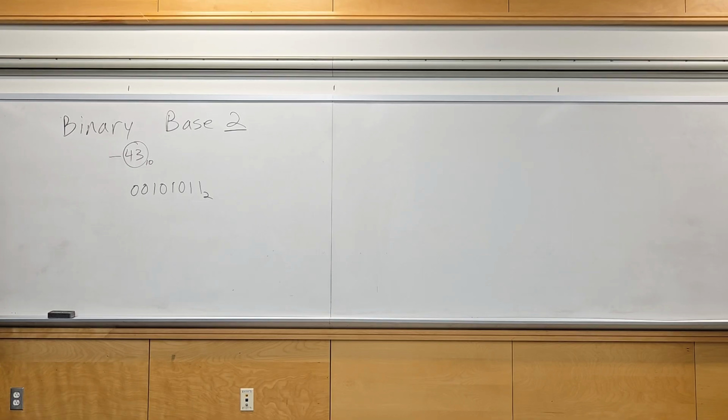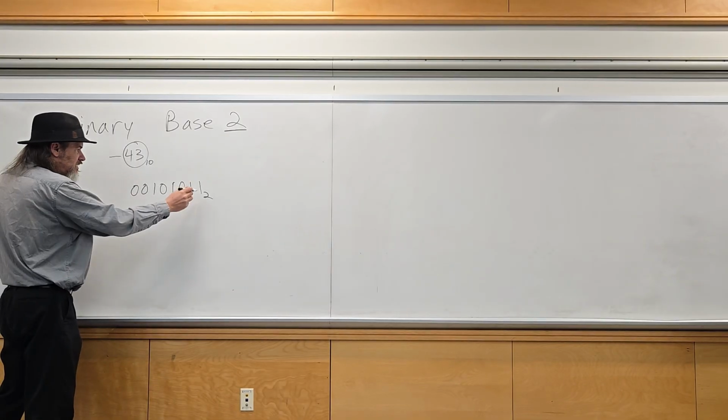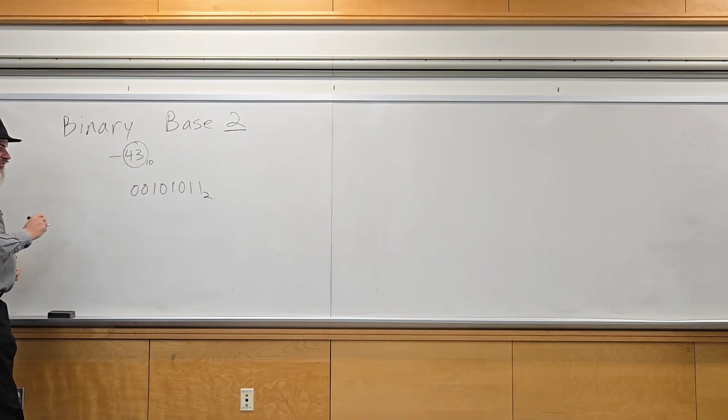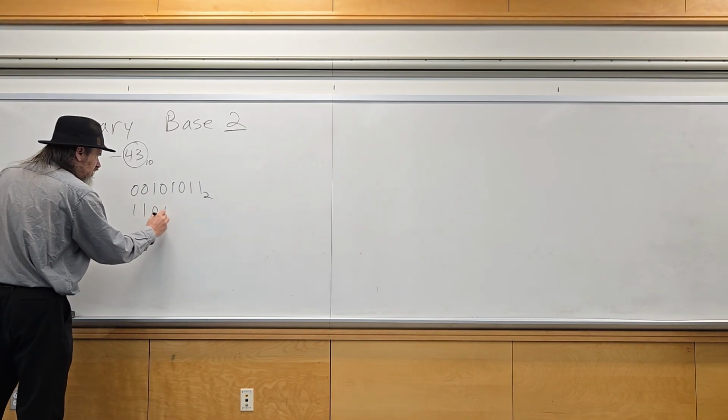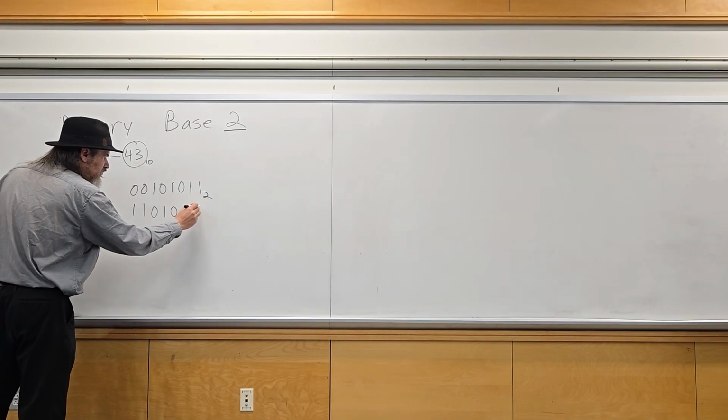That doesn't change the value of it because they're just 0. So you now have 8 bits. Then to convert it to a negative, you flip all the bits: 1, 1, 0, 1, 0, 1, 0, 0.